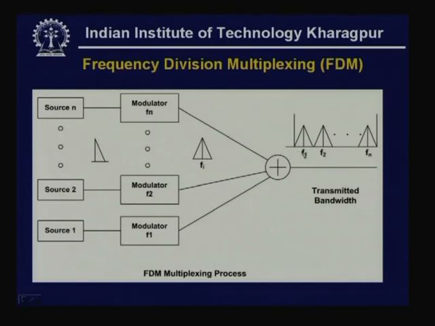The composite signal, as you can see here, has center frequencies f1, which is the carrier frequency of modulator 1, and f2, and each of the signals coming from each of the sources is now channelized in terms of frequencies. That is why it is called frequency division multiplexing. Here the overall bandwidth is divided into separate frequency bands, and each source is using one of the channels to transmit. So, this is how frequency division multiplexing occurs.